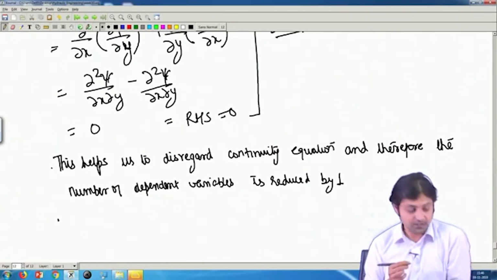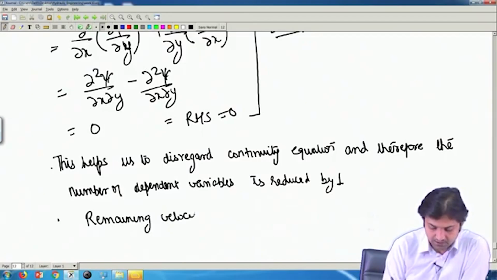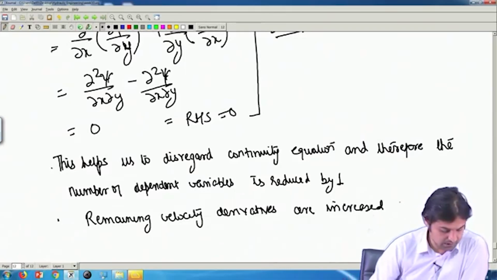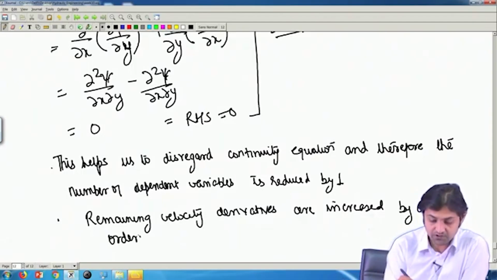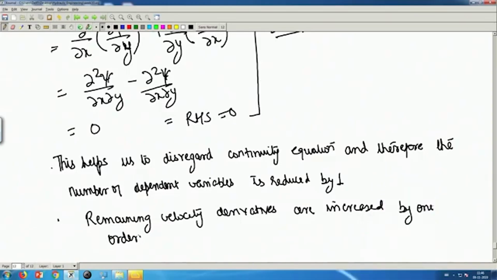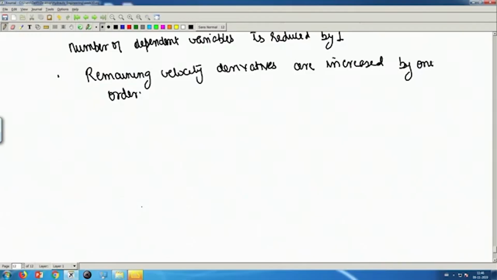Secondly, there is a disadvantage to it as well. The disadvantage is that the remaining velocity derivatives are increased by 1 order, because as you see this is a del square term. So this is one of the disadvantages, but on the other hand the advantage is that the number of dependent variables is reduced by 1.